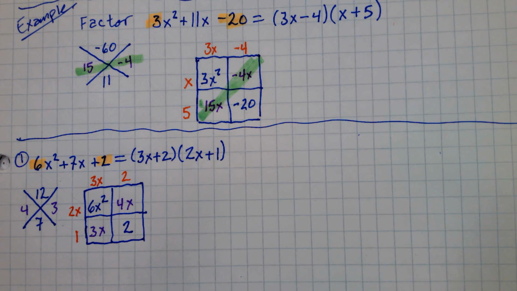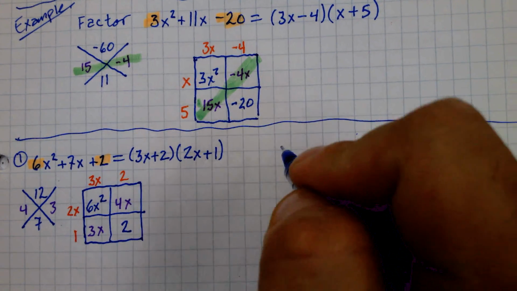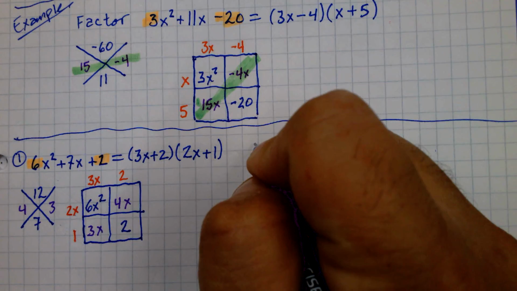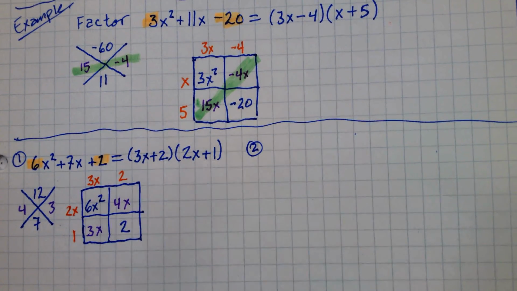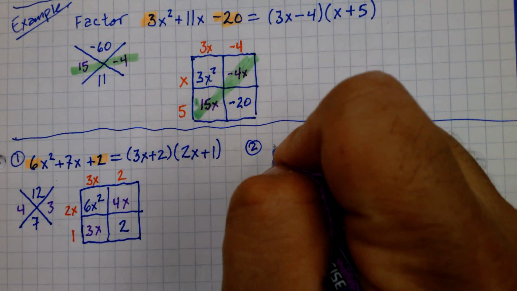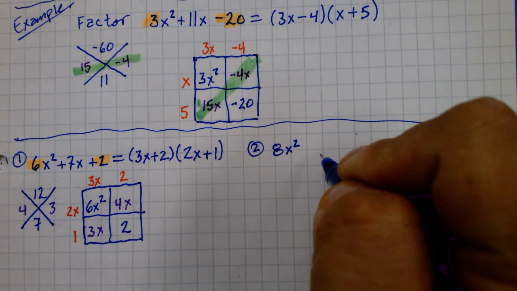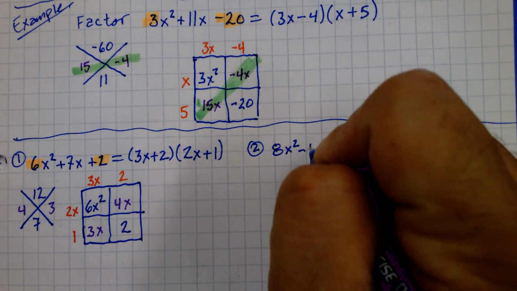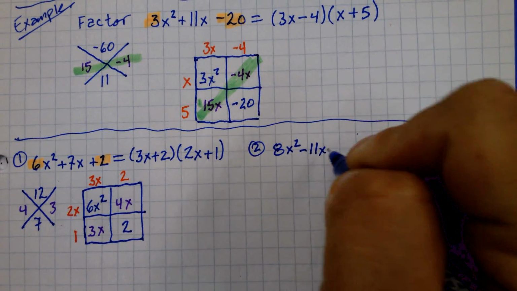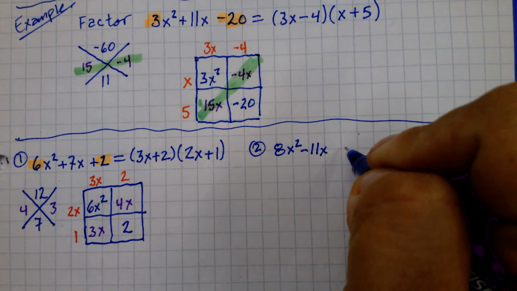All right. So I'd like you to try this one. Eight x squared, take away 11x plus 3.